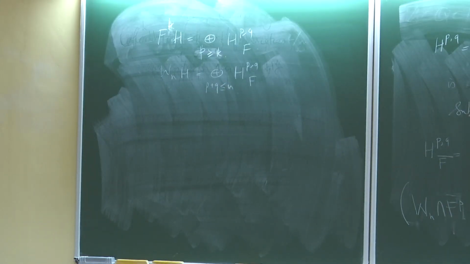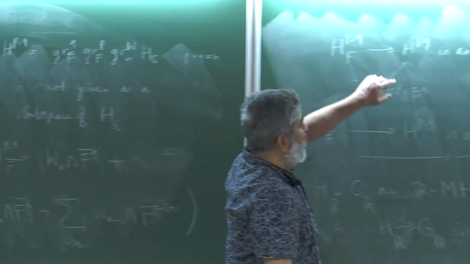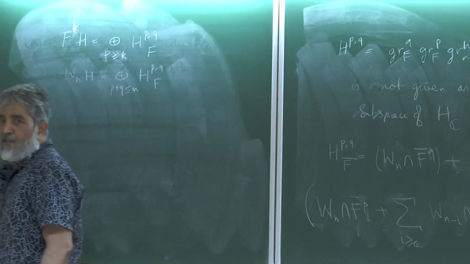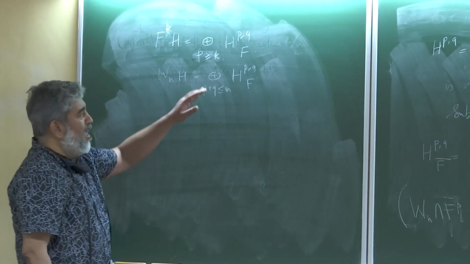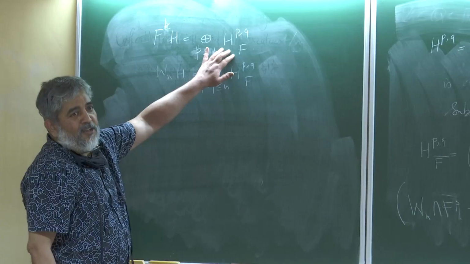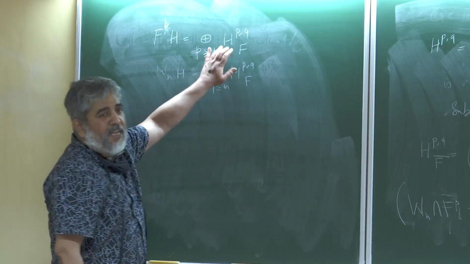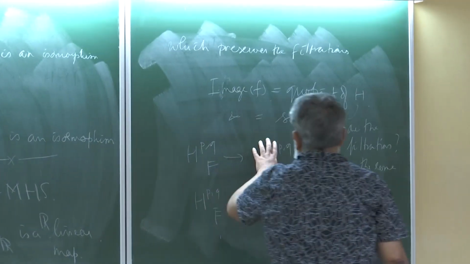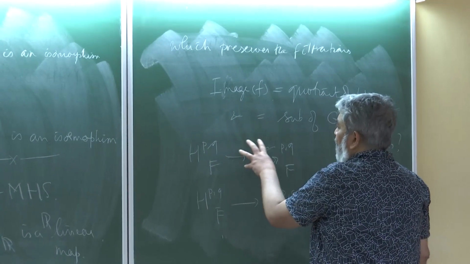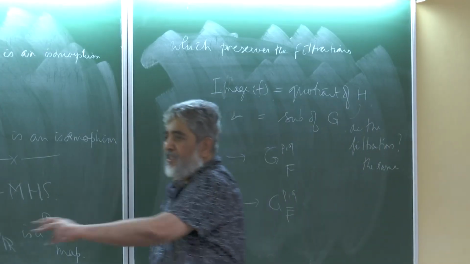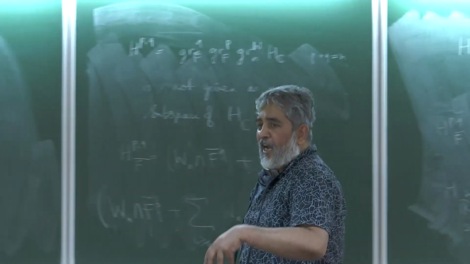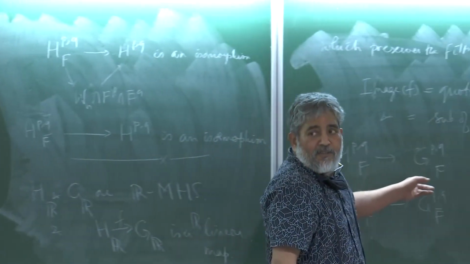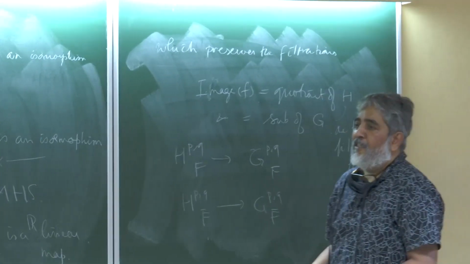The fact that this goes isomorphically into the associated graded pieces means that this is true. Your morphism is taking H^{p,q} to this piece here. The image is therefore a single piece, and then I can just add up all those pieces and get a filtration. And now because the morphism preserves the filtration, the map is going from this to this. So that means that the filtration is actually the same.